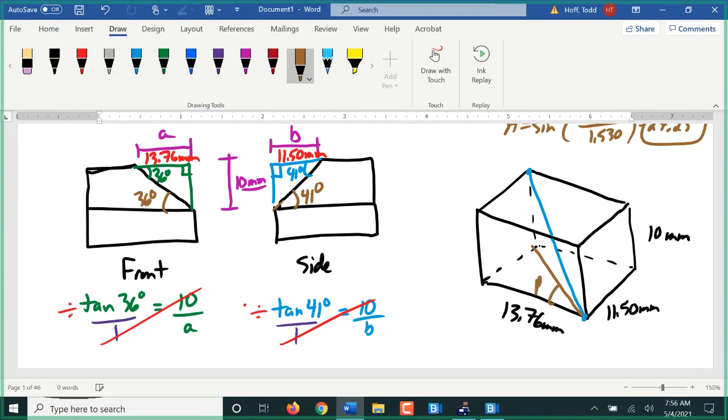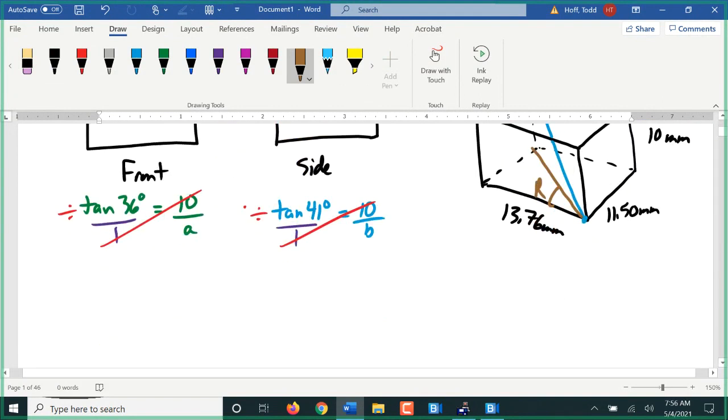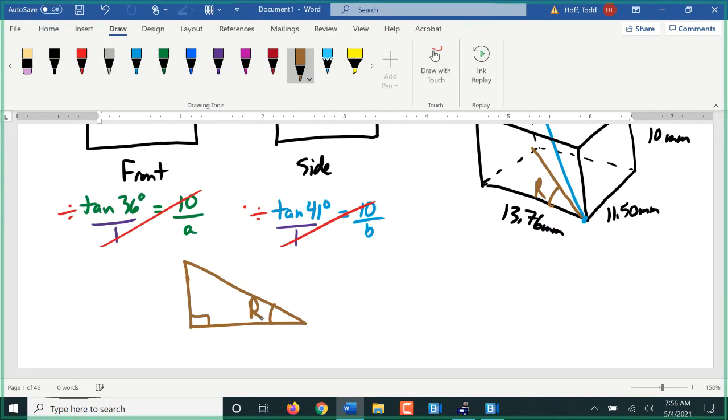Our angle of rotation is right here on the bottom edge. So this is R, 11.50 and 13.76 on that triangle.